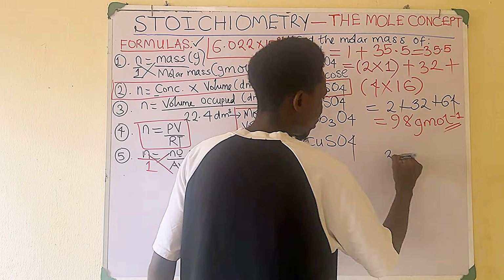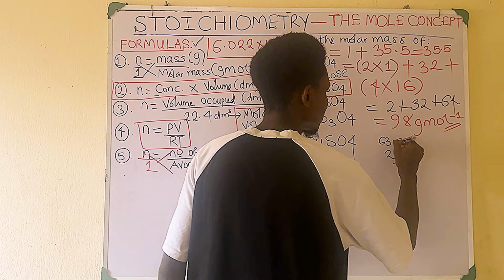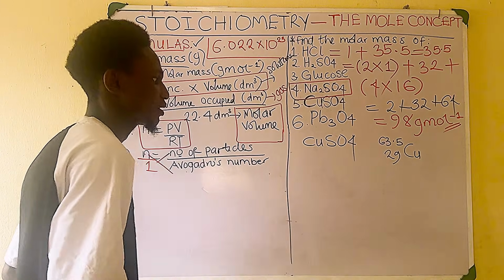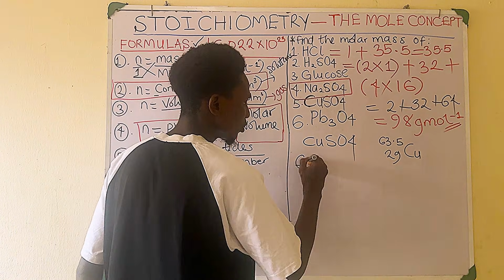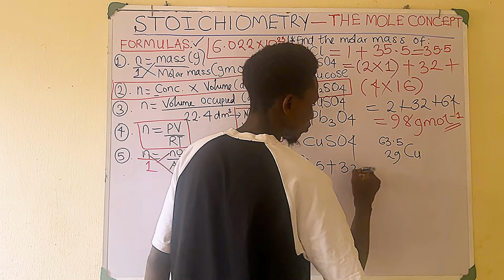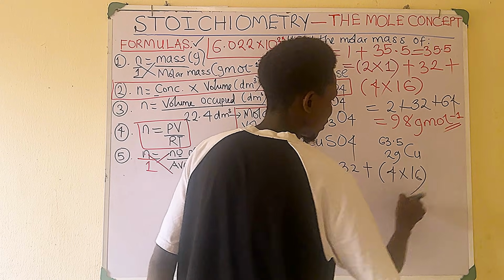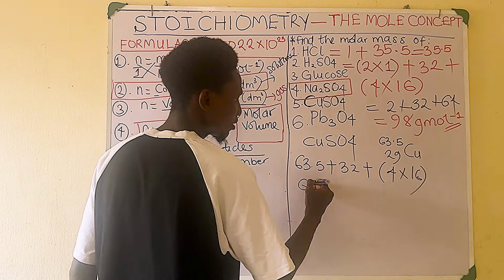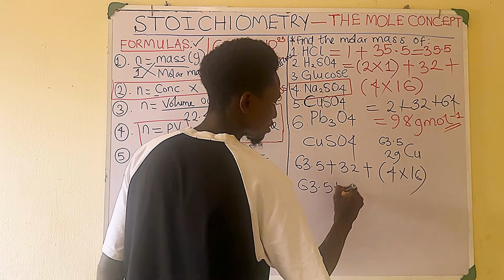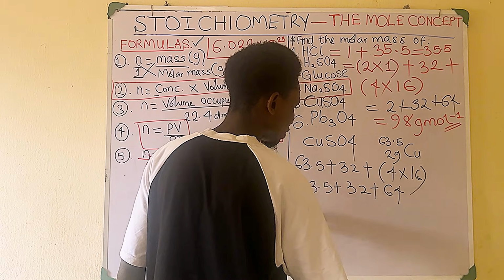Copper is 29, and its relative atomic mass is 63.5. So you should just master them. From there, I have 63.5 plus sulfur, which is 32, plus oxygen, 4 times 16. I've done it severally here. So we have 63.5 plus 32 plus 64. I think I have to punch the calculator in this scenario.